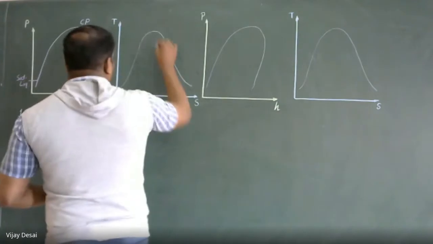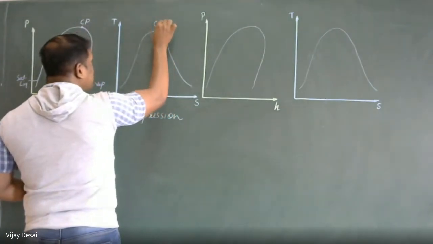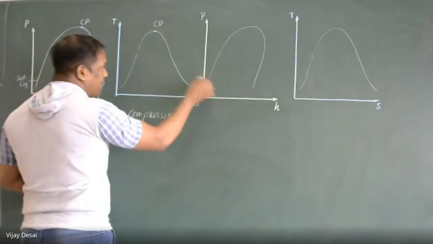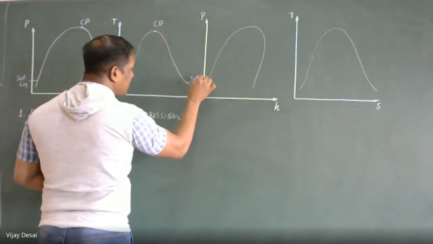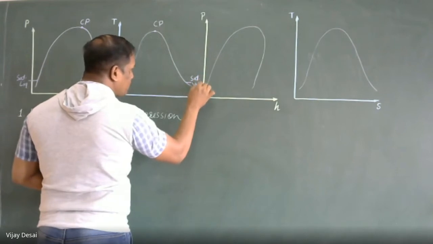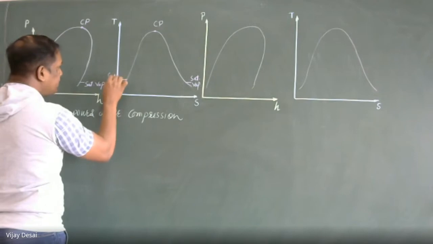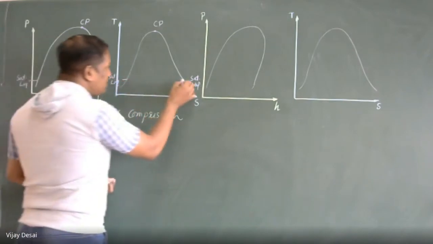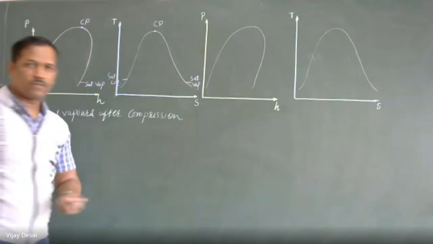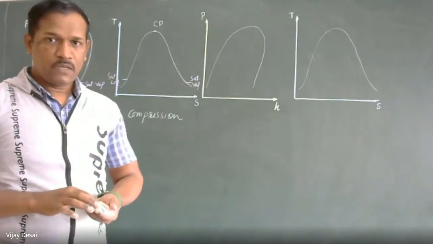Same on this TS diagram also, this is the critical point. The right hand side of the critical point is the saturated vapor curve. And the left hand side is the saturated liquid curve. And in between this, it is a mixture of liquid and vapors.